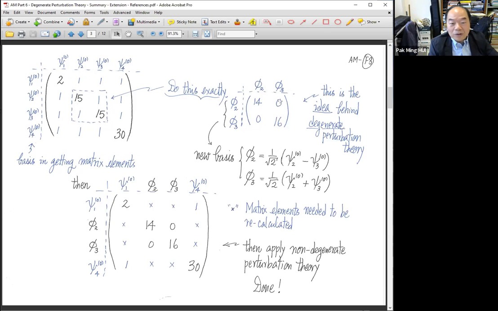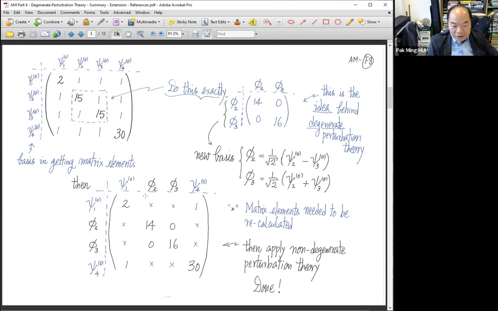So we know if we change the basis by linearly combining these two, then this part becomes exactly solved, diagonalized. And after that, we have to go back to the matrix and recalculate all the other matrix elements after we change the basis of these two functions to the new functions.